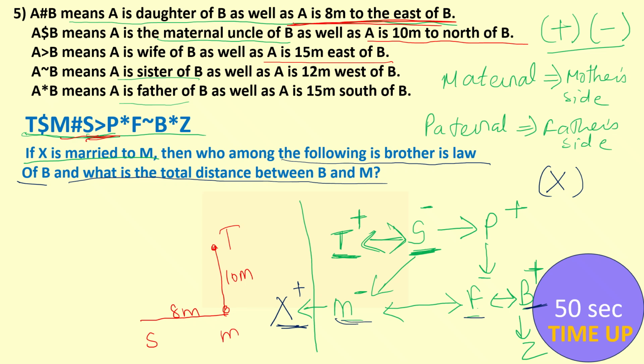Okay, here somewhere I'll draw. Here is P. This is 15 meter. Next, P asterisk F. P asterisk F means P is south of F by 15 meter. So if this is 10 meter, then 5 meter more I require. So that will be F, which is 15 meter.